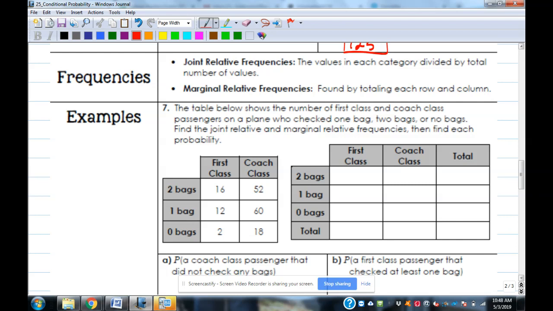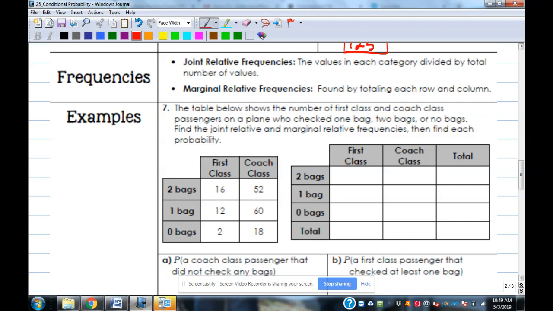The table below shows the number of first class and coach class passengers on a plane who check one bag, two bags, or no bags. Find the joint relative and marginal relative frequencies. Then find each probability. So we're going to build this table of the frequencies and then use that to help us do these probability problems.